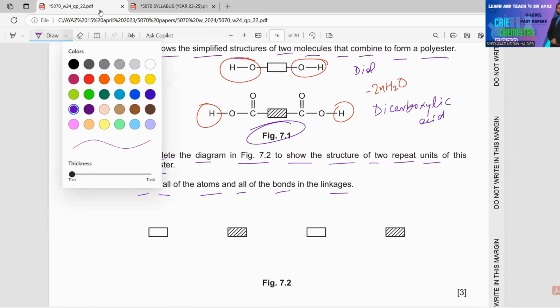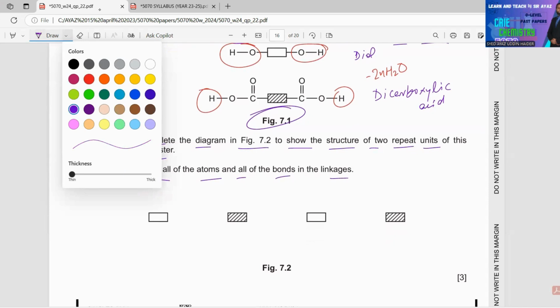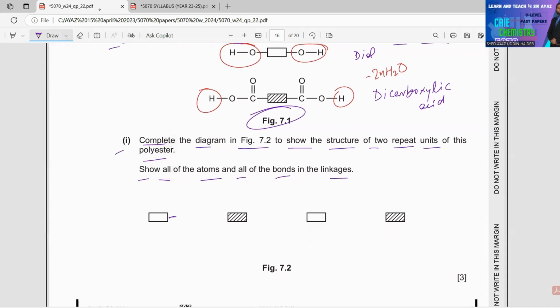Now I'm showing the linkage between these. This one must be coming from the diol. It will be joined through O, C double bond O with the dicarboxylic acid. From the other end, we again have C double bond O, then O again attached to this blank box.